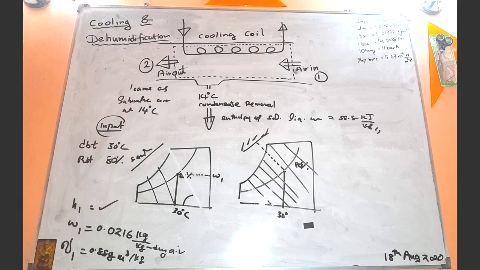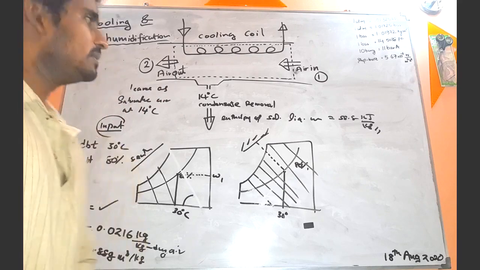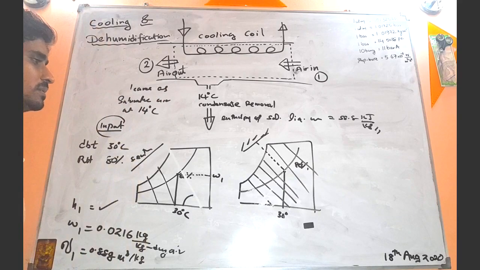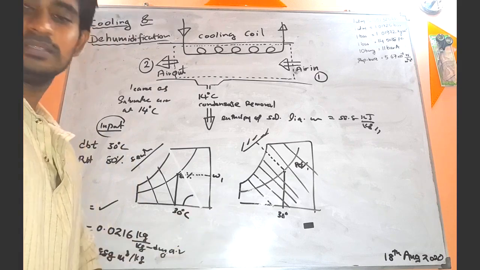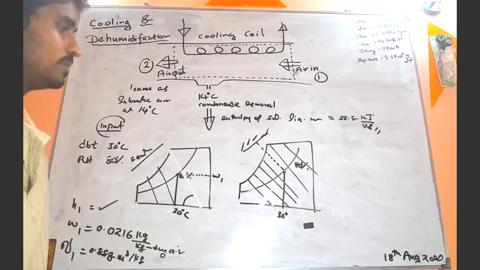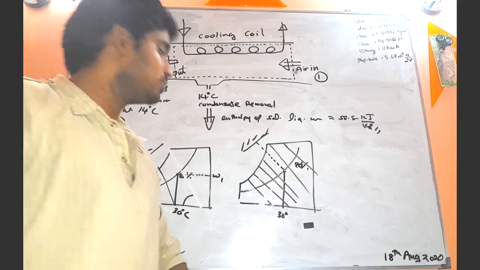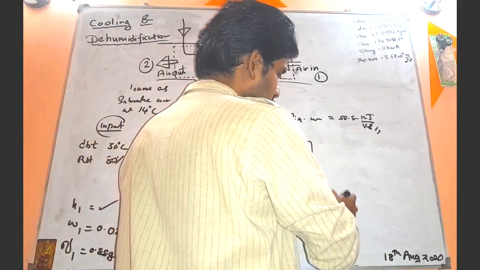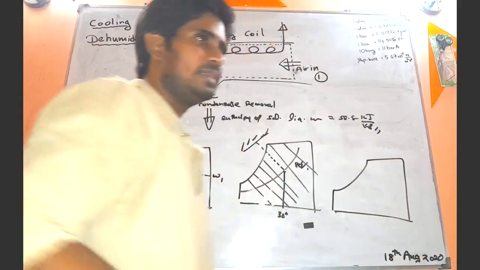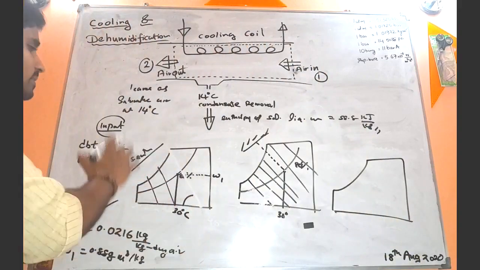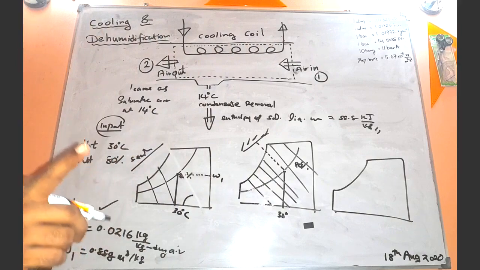If you want to find the thermodynamic properties according to that scenario, this is the concept. So I will sketch another chart here. Now it leaves as, be very careful, saturated air at 14 degrees Celsius.